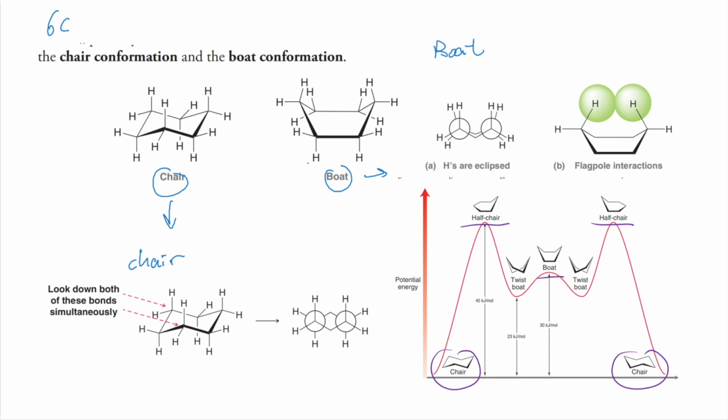You can see everything in here, so it's a staggered conformation. It will be more stable. But for the boat conformation, we can see that the 2 carbons are in an eclipsed conformation, so we will have a high energy. Okay, so the boat is here.